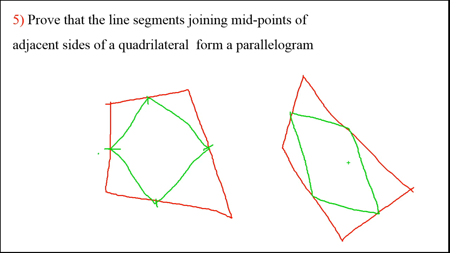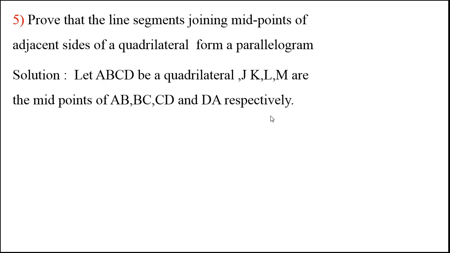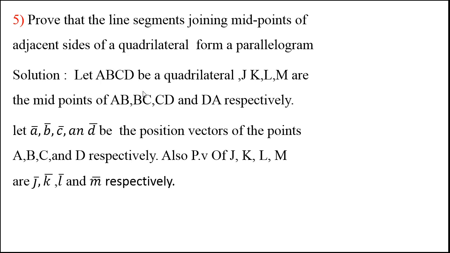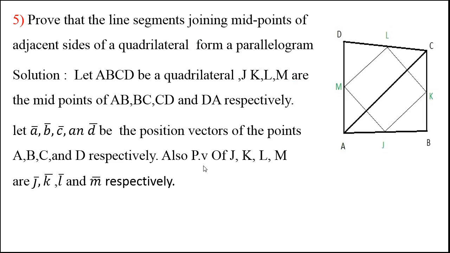We have to prove this fact using vectors. So let ABCD be the quadrilateral, the red colored one. J, K, L, M are midpoints of the sides. a bar, b bar, c bar, d bar are their position vectors. Here is the figure. ABCD is any type of quadrilateral, J, K, L, M are midpoints of its sides. We have to prove that quadrilateral JKLM is a parallelogram.